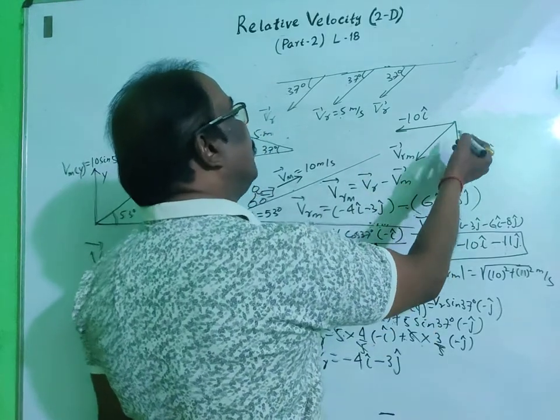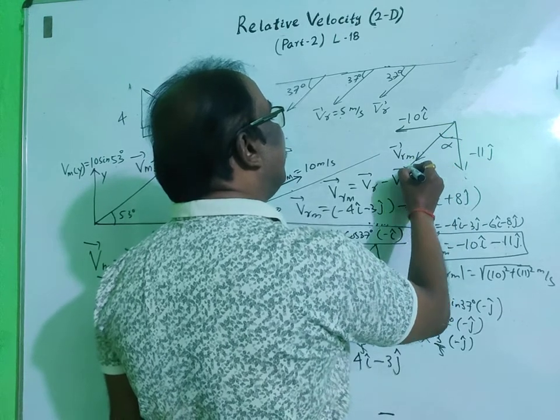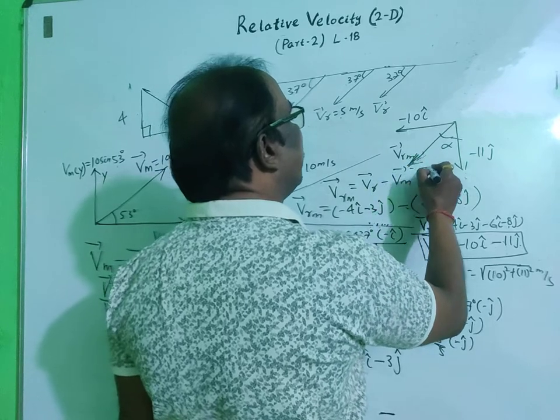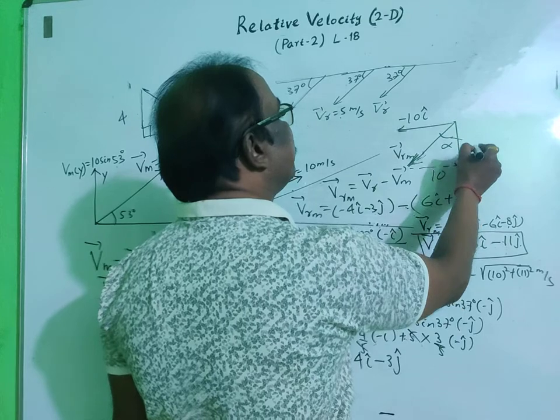You may take any angle. Let's take the angle with vertical. This angle is alpha. Length represents magnitude: this is 10, this is 11.